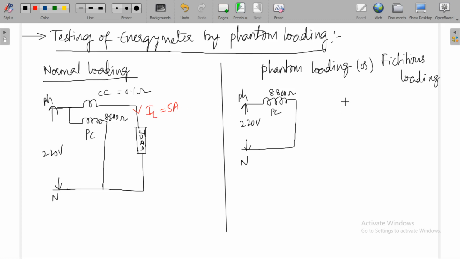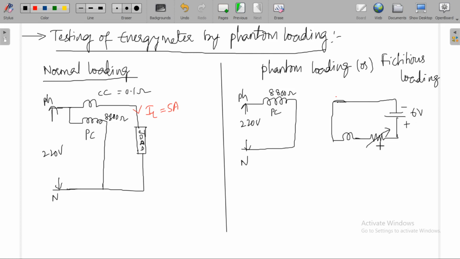Now let me excite this current coil separately. In order to pass the desired amount of current, let me apply a low voltage to the current coil circuit, using a variable resistor. Let this be a fixed voltage of 6 volts.